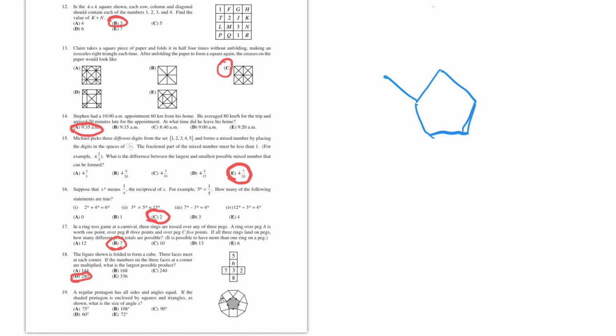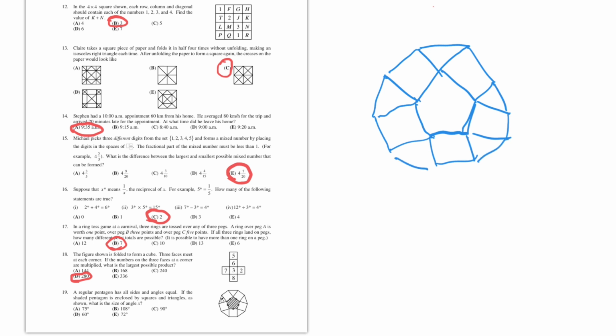And then we draw around it the square, and close that by the equilateral triangle.